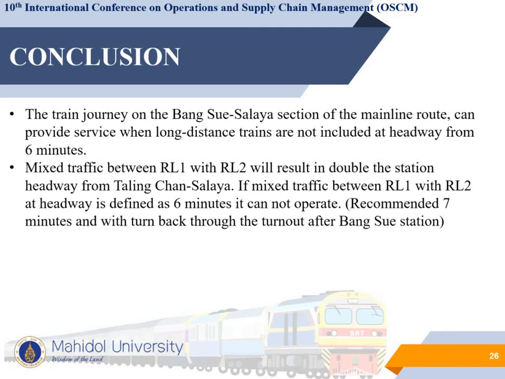If mixed traffic between RL1 and RL2 has a headway defined as 6 minutes, it cannot operate. Operation at a headway of 7 minutes or more is recommended. Turning back to the turnout after Warasara station gives about 18 per hour. It should not be less than 10 per hour according to the original service plan.